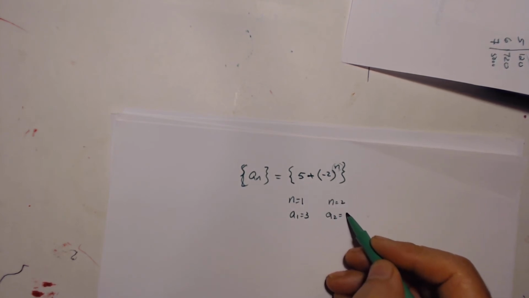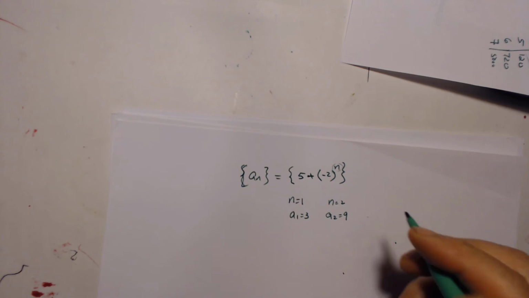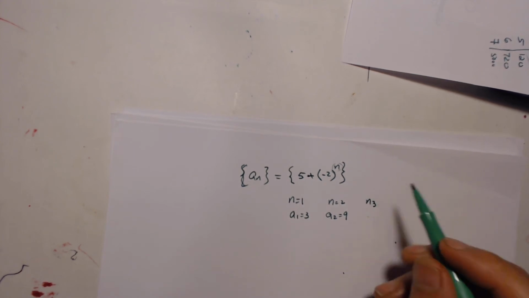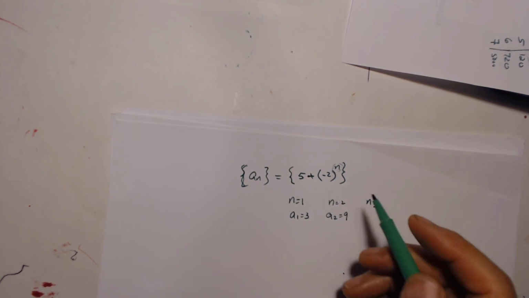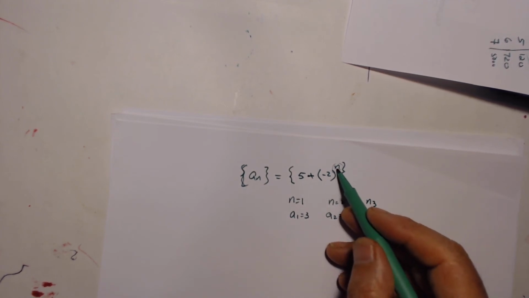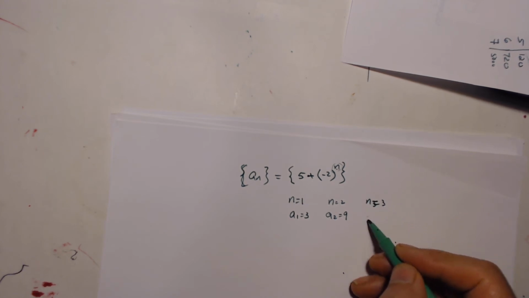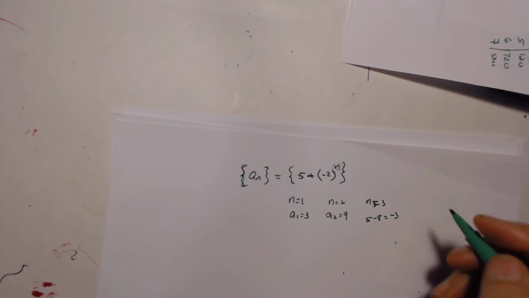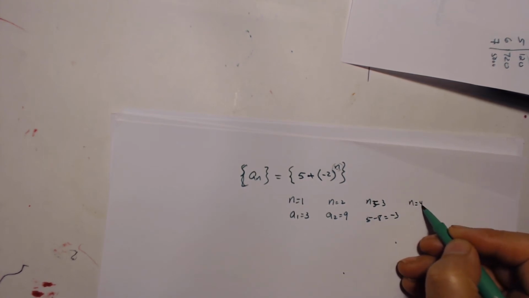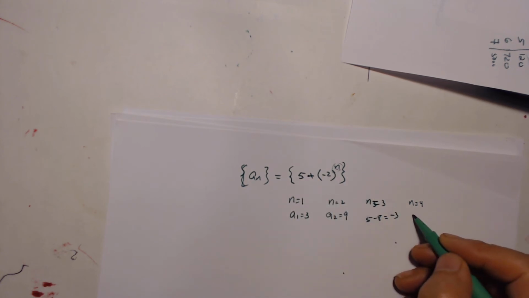And that becomes a 9. What happens if n becomes 3? Remember, when it's 1, that's good. When n becomes 3, that becomes 5 minus 8, negative 3. When n becomes 4, that becomes a positive number, 21.